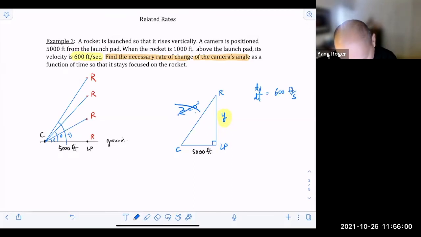I want to label the camera's angle. Does that make sense? They're asking me, what's d theta dt when... what's the condition I want to put at the bottom right here? What condition do I want to write there?